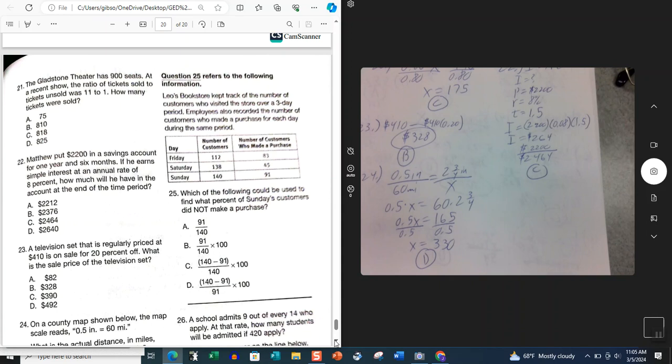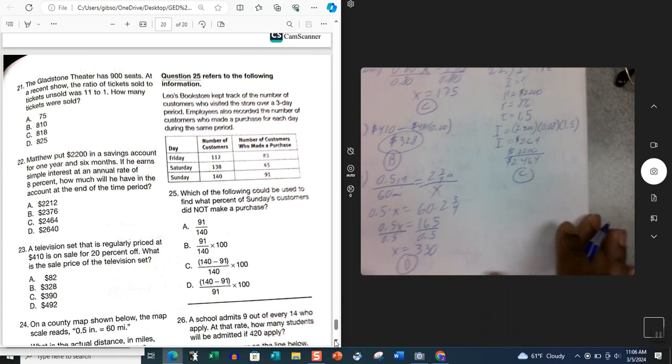Which of the following could be used to find what percent of Sunday's customers did not make a purchase? Okay, so Sunday we had 140 customers, and then we had 91 that made a purchase. So we got to find the percent.